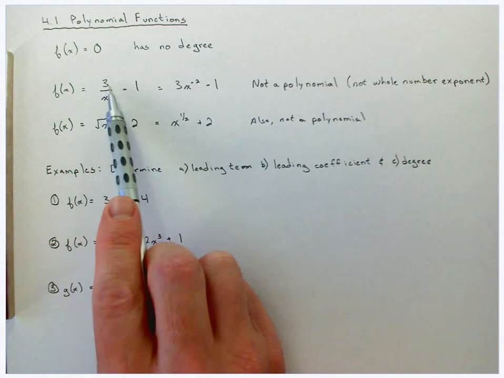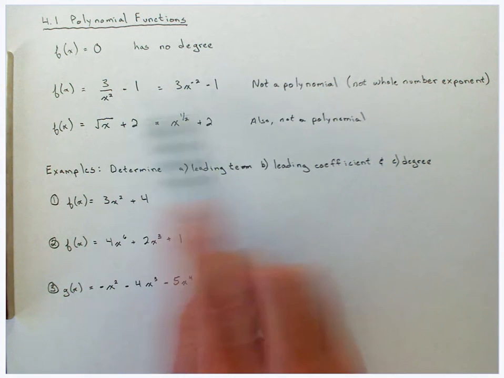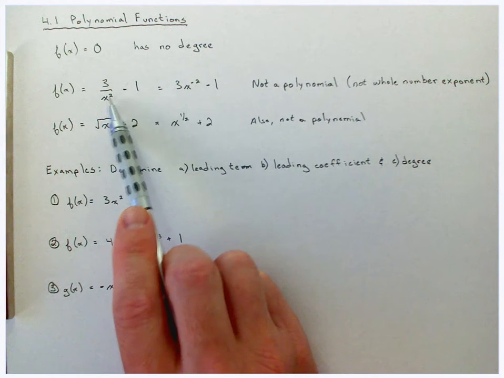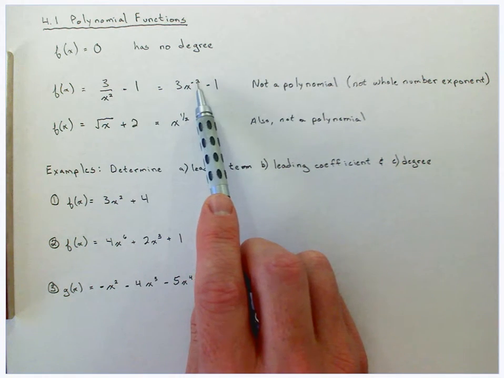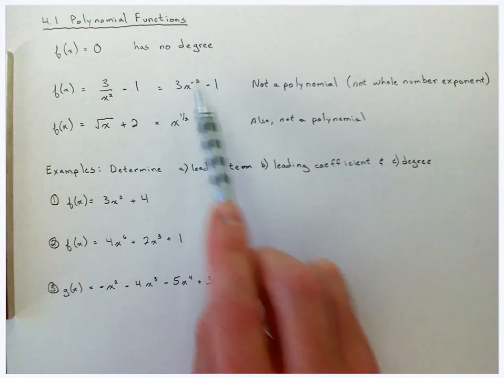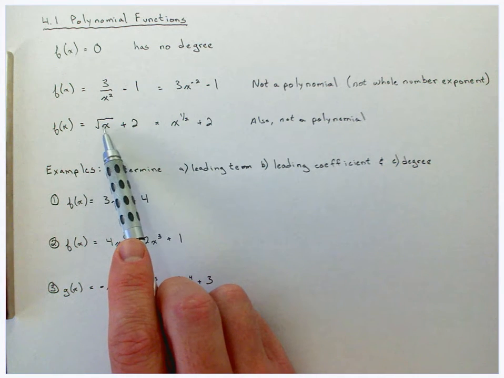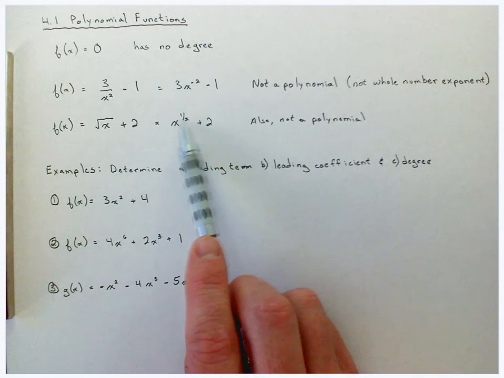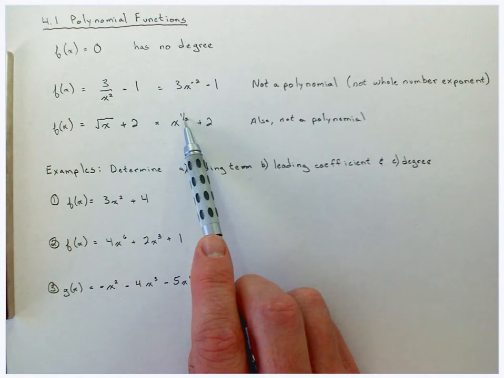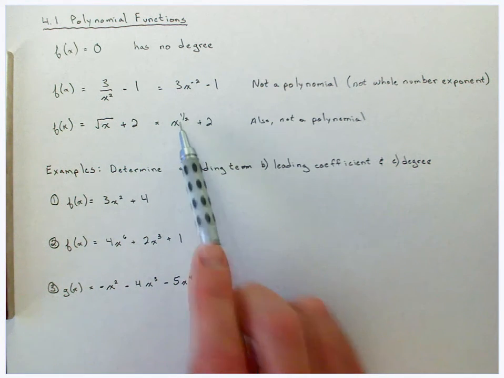This is because 3 over x squared minus 1, I can rewrite x squared as x to the negative 2. A negative exponent is not a whole number. And same here, whenever I rewrite the radical as an exponent, the square root is the same as the exponent of 1/2. Not a whole number, it's fractional, it's a rational number.